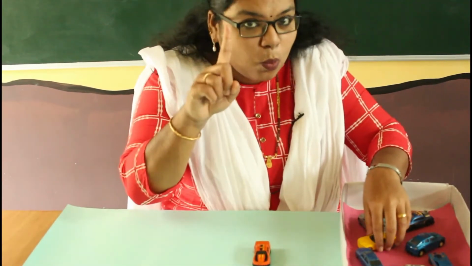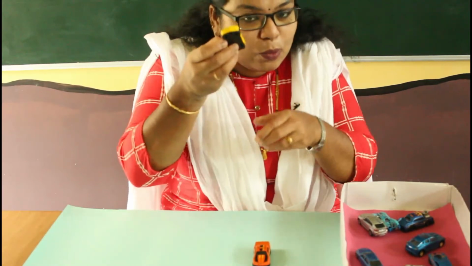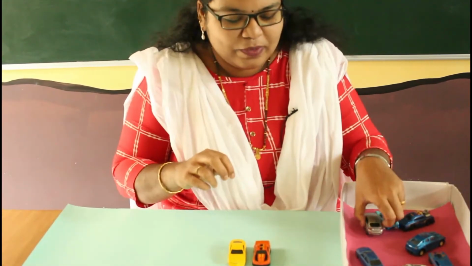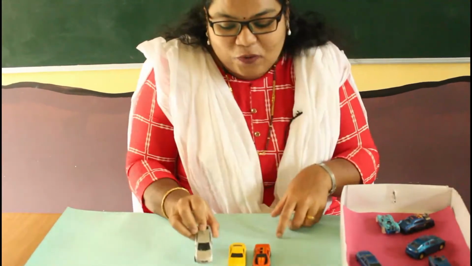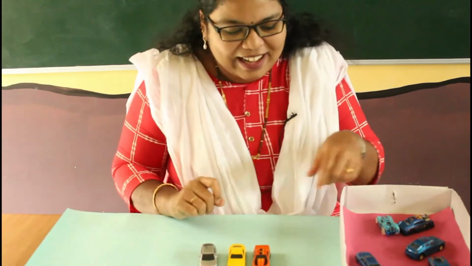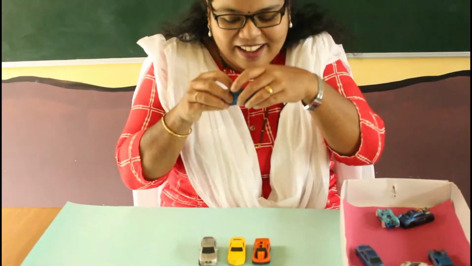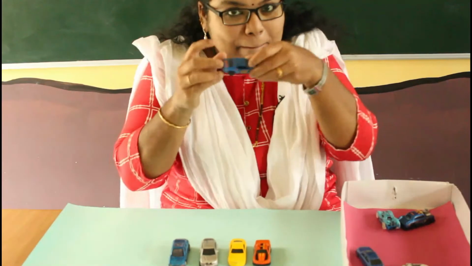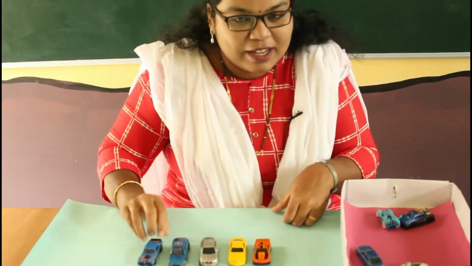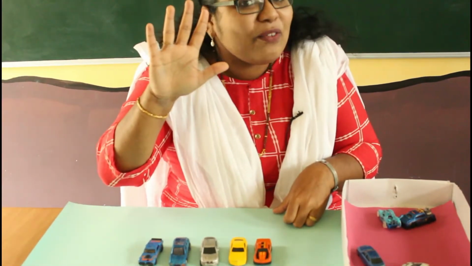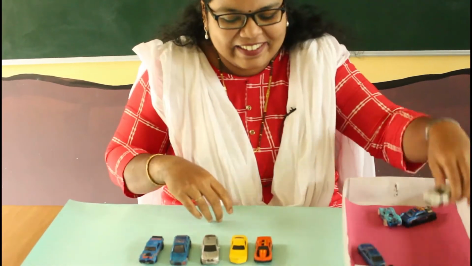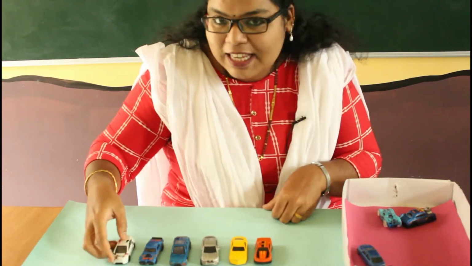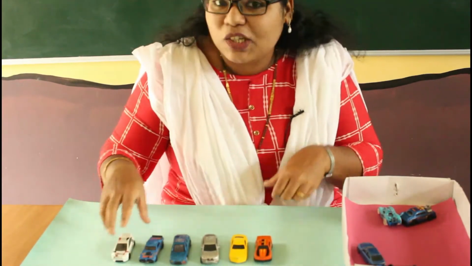Ek means one. Do means two. Teen, wow, 3 toy cars. Char means 4. Panch means 5. Chhah means 6, 6 toy cars.